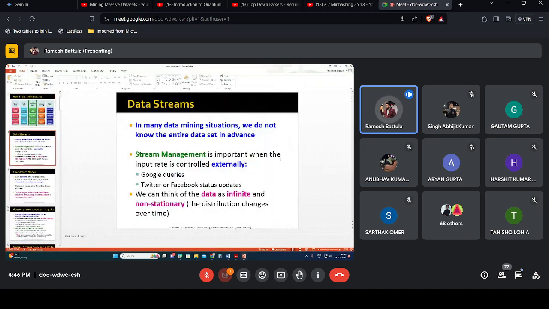The streaming of data means, suppose I give you an example to understand that: you requested a Google search engine. Google search engine is going to be connected to your system.